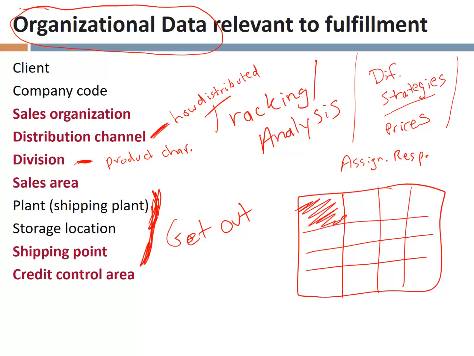Some people are focused on the actual selling itself. Some people are focused on shipping the product out and getting it distributed. Other people are focused on granting of credit. Other people are focused on recording the accounting implications. All of that has to happen in a coordinated way for our organization to operate efficiently.